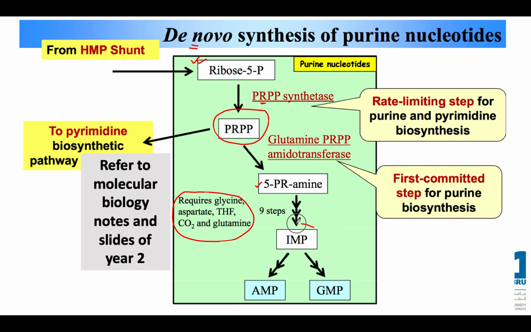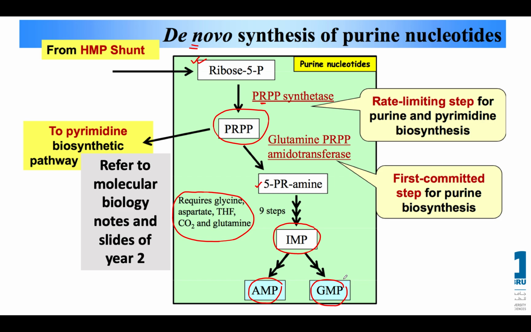Once we have inosine monophosphate, it is converted to adenosine monophosphate and guanosine monophosphate through several successive reactions.